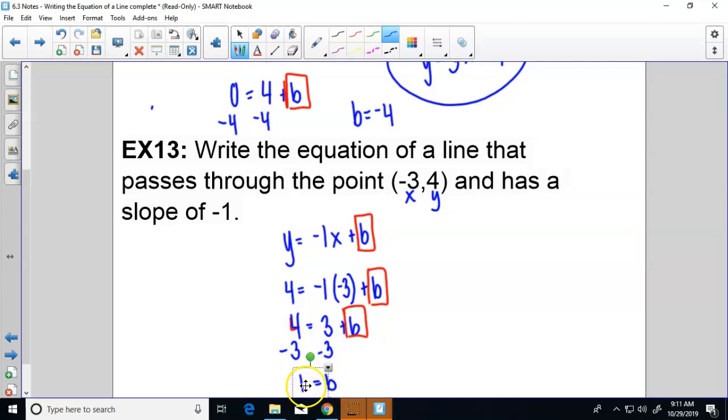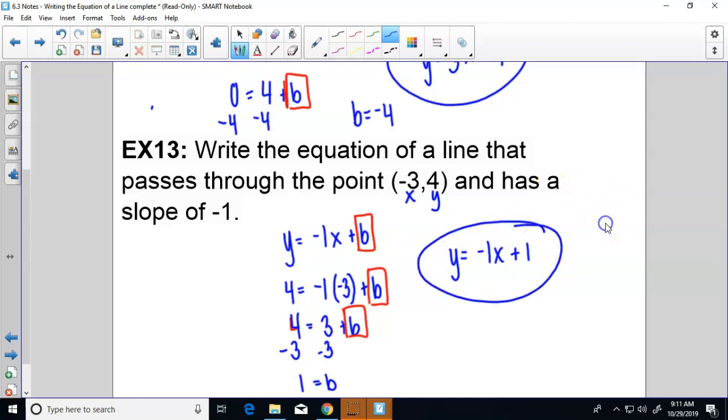So our y-intercept is 1 for this one. It did not ask us just for the y-intercept, though. It asked us for the equation of the line. So for the equation of the line, I'm going to have y equals negative 1x plus 1. That'll be our equation. Yes, and you are exactly right, Zena.